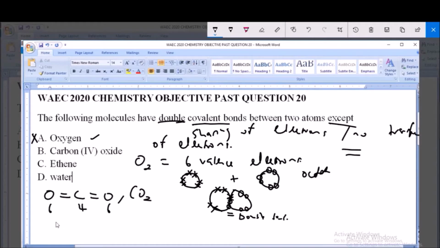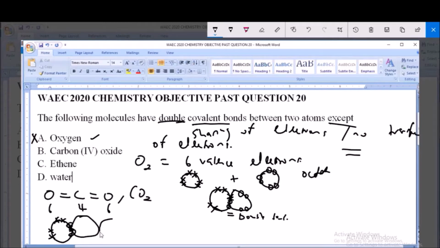You have one of the oxygen this way with 6. Now the last 2 will be shared with the carbon atom. So 2 of the 4 valence electrons of carbon will be shared with one of the oxygen atoms.